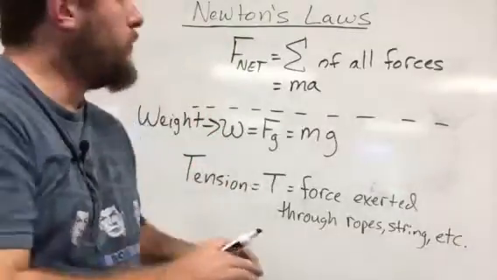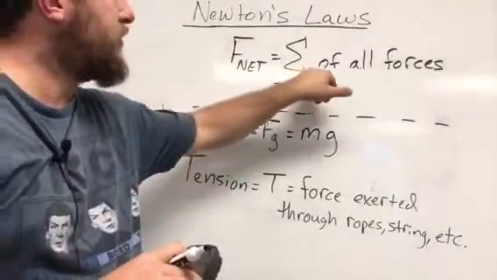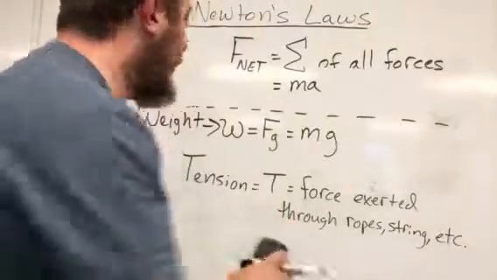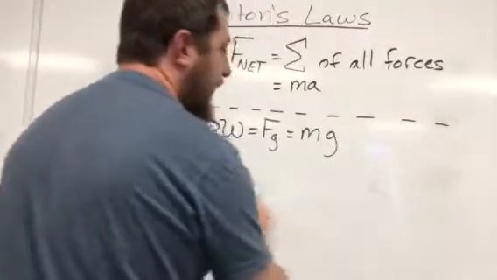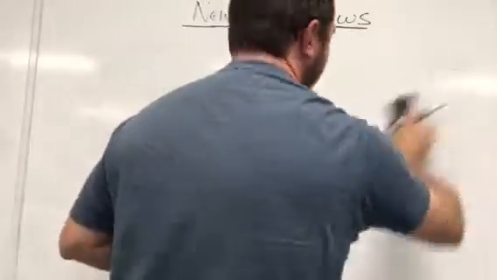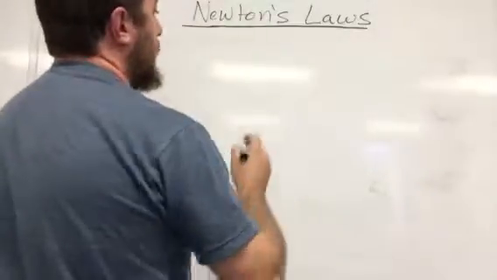Now, because F net equals the sum of all the individual forces that can be acting on an object, I'm going to introduce the idea of a free body diagram, and this is a rather useful tool for analyzing all of the forces on an object.